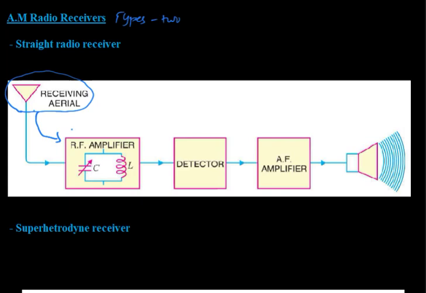This RF amplifier with the tuned parallel circuit selects and amplifies the desired radio wave. So the selection and the amplification of the desired radio wave is done by the radio frequency amplifier with the tuned LC circuit here.